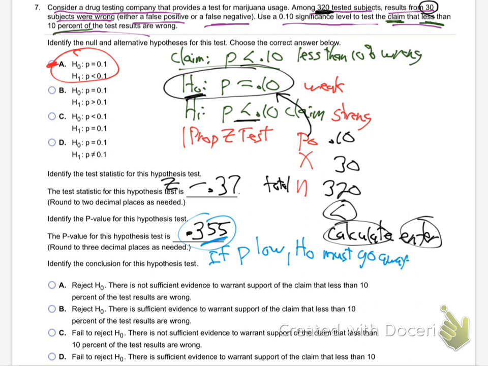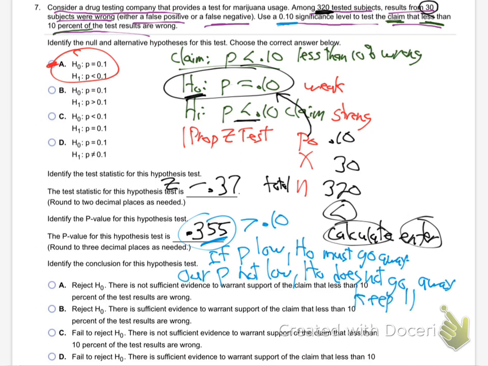What was my significance level? 0.10. This is greater than 0.10. So if the p is not low, H0 does not go away. Instead, we keep H0.